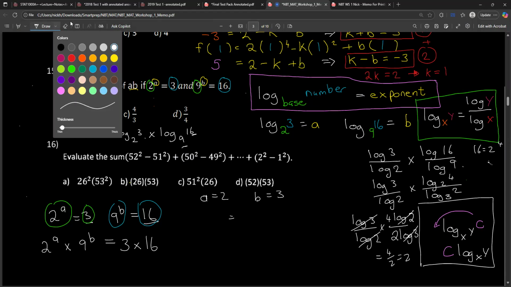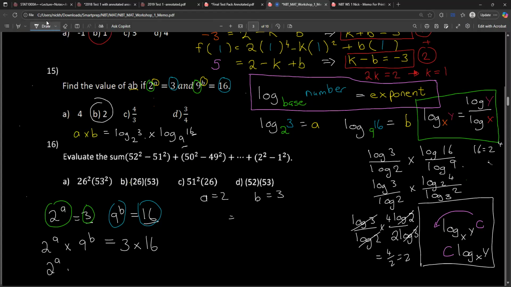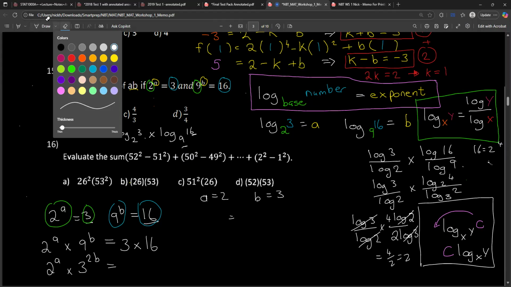Well, we can keep this as 2 to the a, but we can write the 9 to the b as 3 to the 2b, because 9 is 3 squared. So from our exponential laws, we can then multiply the exponents out. And then we keep that as 3.